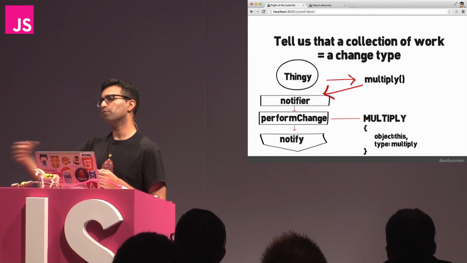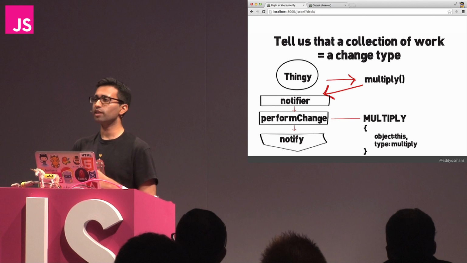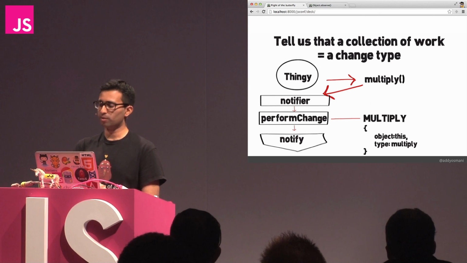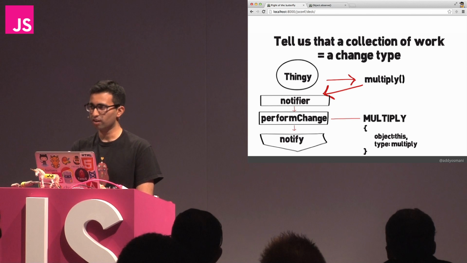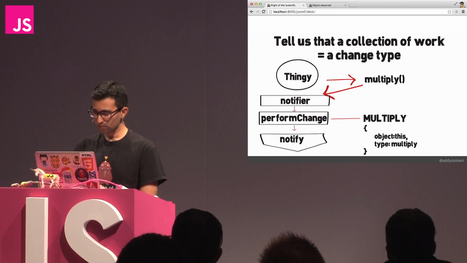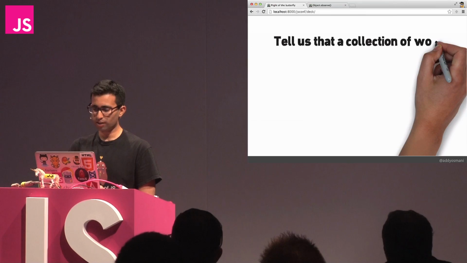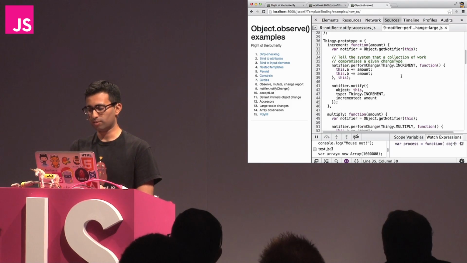And then I'm able to notify them about specific changes in a slightly more controlled fashion. The reason is objects might want to describe larger semantic changes that might affect lots of different properties at the same time. So we can actually take a look at an example of this. Let me load this up.